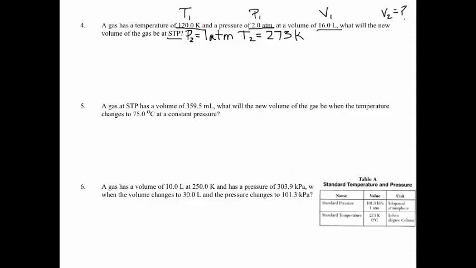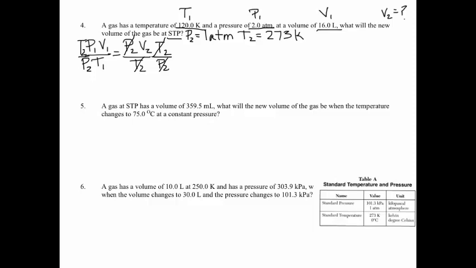Now our equation. This first one I'm going to do by solving first for the variable using just the letters and then substituting in the numbers. So we have P1 V1 over T1 is equal to P2 V2 over T2. We're going to be solving for V2, so I am going to need to divide by P2 and multiply by T2 to get these to cancel out, which means that T2 is now in the numerator on the other side and P2 is in the denominator.